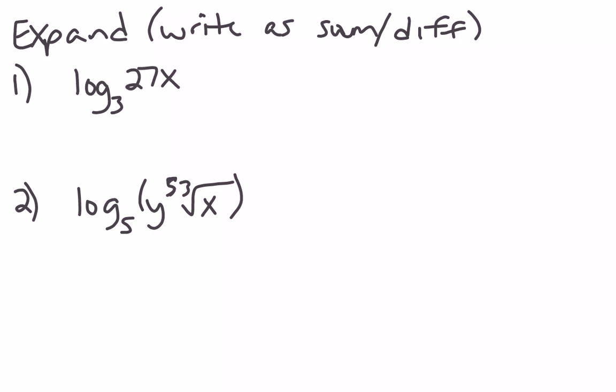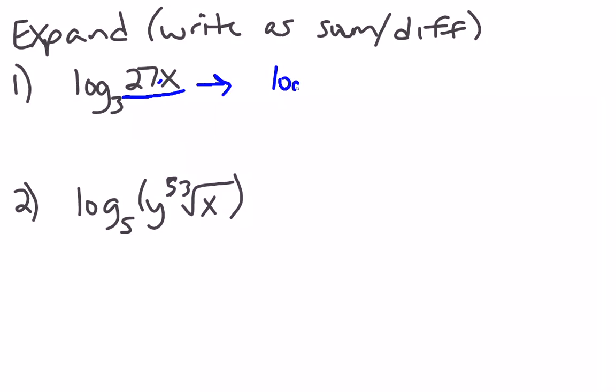So now we're going to do the first type of problem you'll be asked to do with log properties, which is to expand. That means to basically write everything expanded out. So the first thing you need to do is identify what's in the problem. What I notice in this problem is that the 27 and the x are connected by multiplication. And when they're connected by multiplication, that means I can rewrite it as an addition problem.